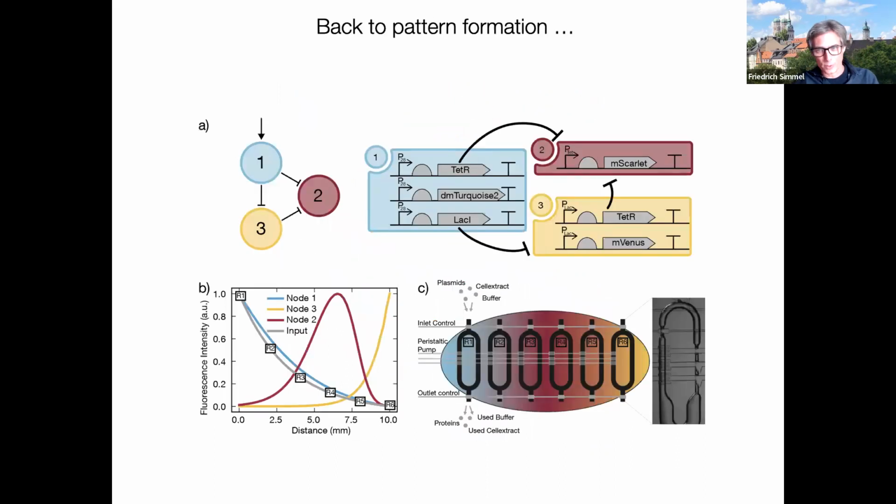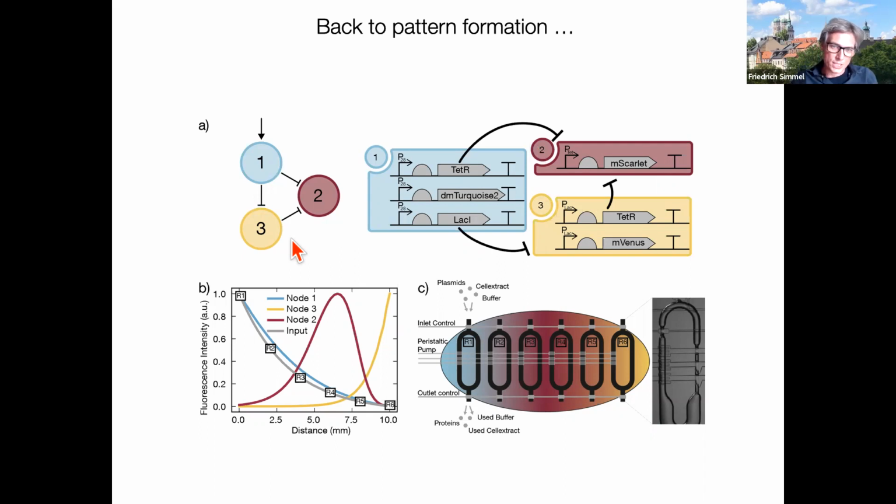And now, maybe for the last two minutes or so, I wanted to come back to this pattern formation thing. Because we have this issue with being in closed compartments for pattern formation, we thought maybe we can implement some type of stripe pattern in a microfluidics context.